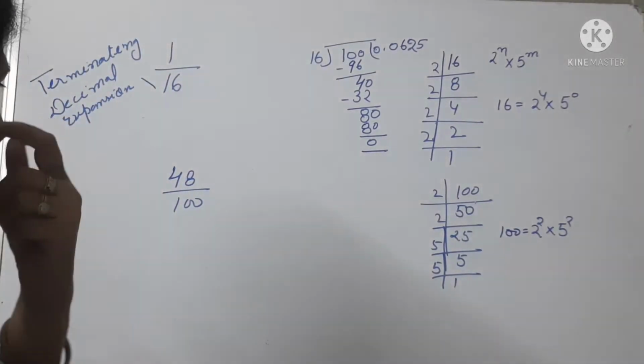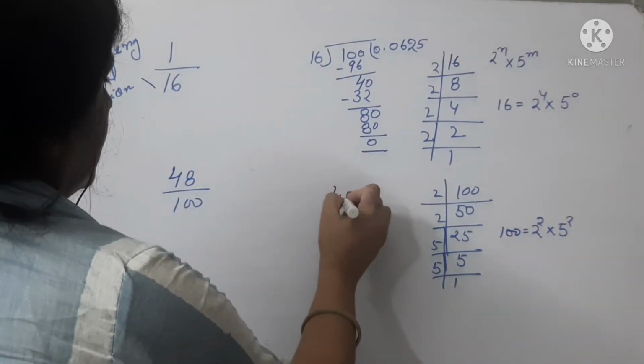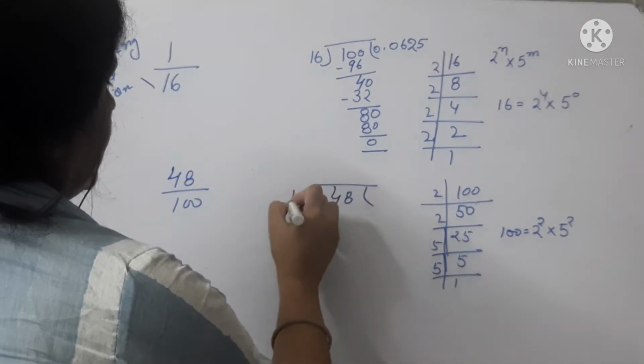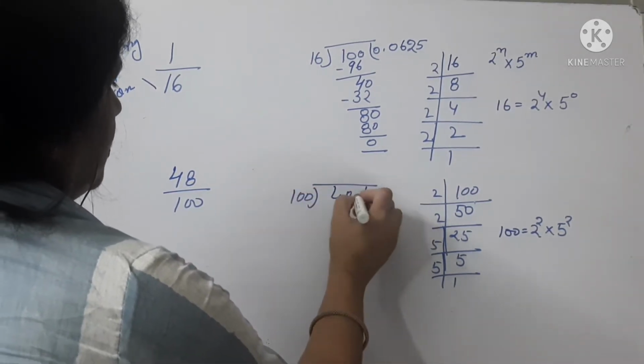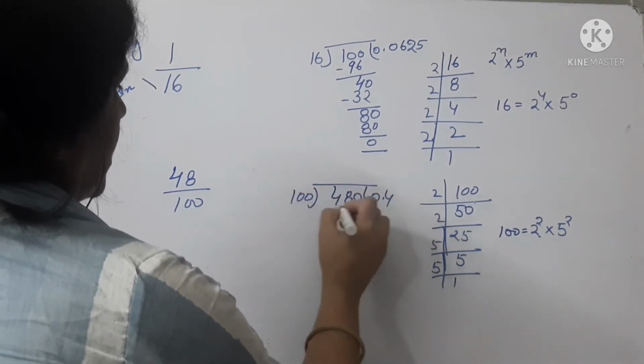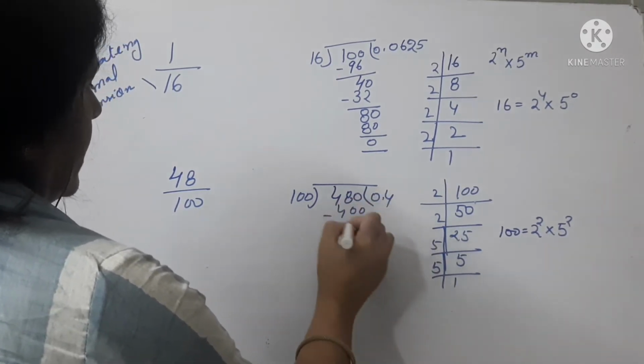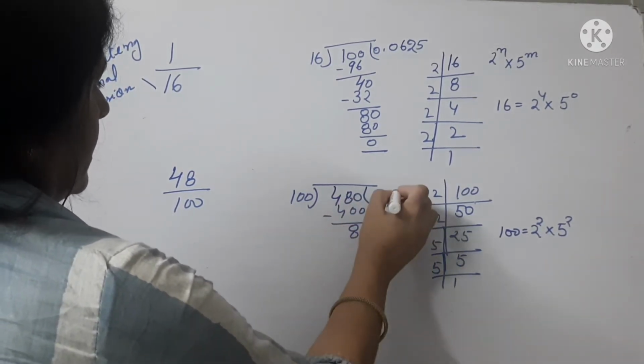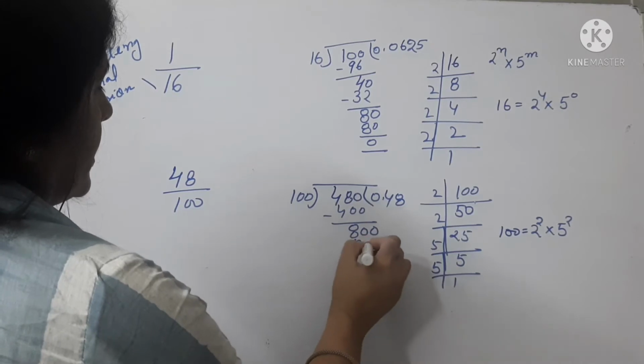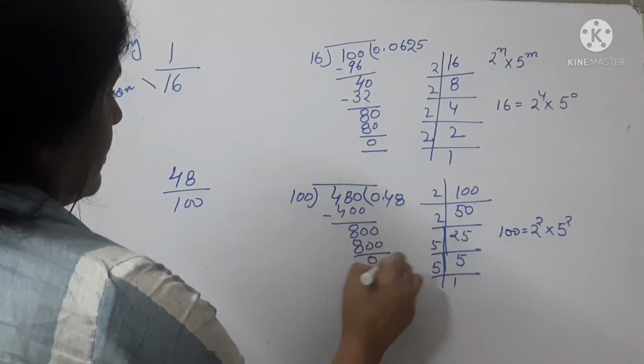Now let's verify. 48 divided by 100. There 0 point, 4s are 400. 80 is the remainder. Then 8s are 800 and the remainder becomes 0.